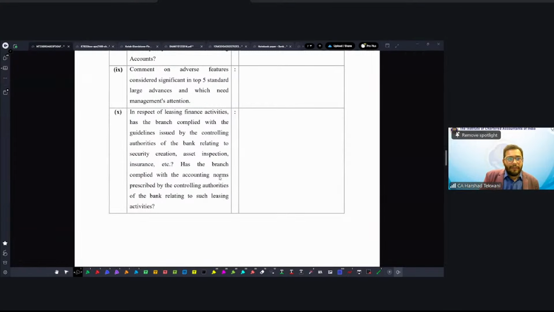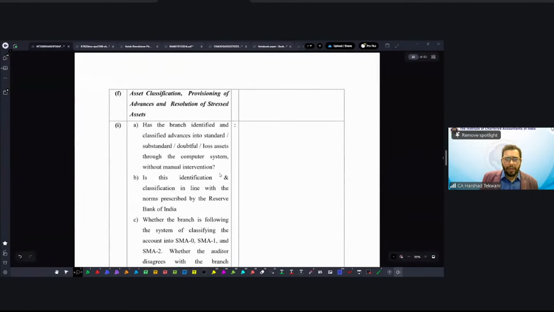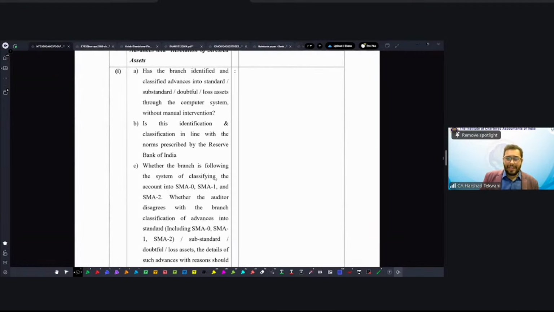Then you are required to report on large advances. You are required to report on security creation, insurance. All those things are there. And then asset classification. As we discussed, asset classification: standard, substandard, doubtful, loss, SMA 0, 1, 2.